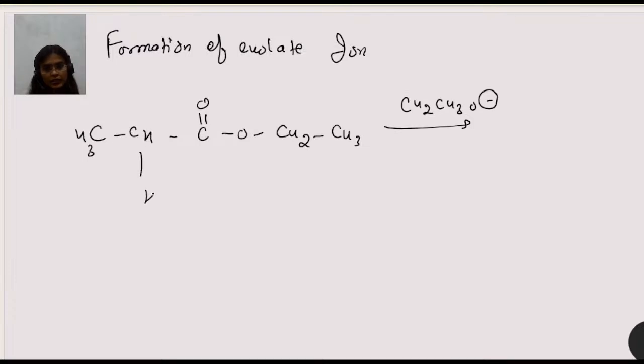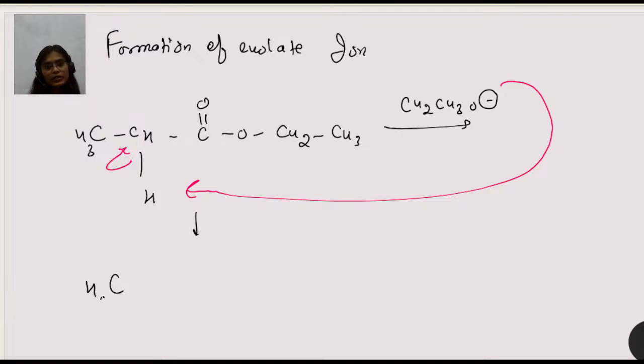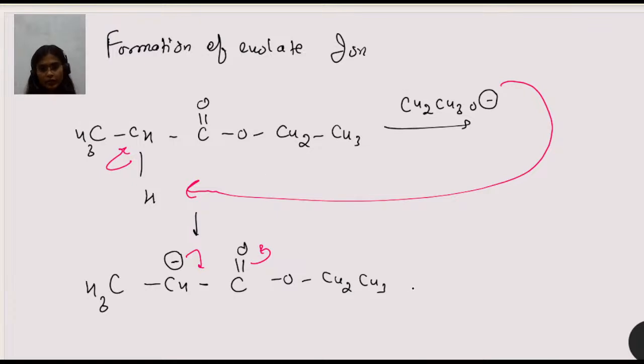This group simply attacks here and abstracts this hydrogen. Then we get CH3CH with a negative charge generated, and COOCH2CH3. This is how it becomes the enolate: CH3CH double bond C, O negative, OCH2CH3. That's it, we are ready with the enolate ion.